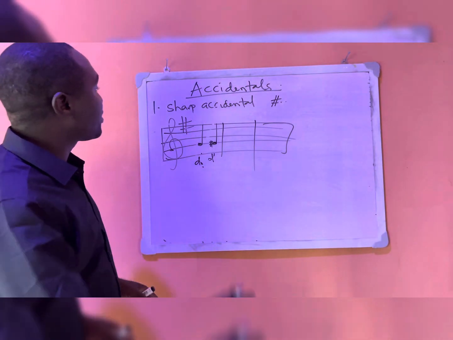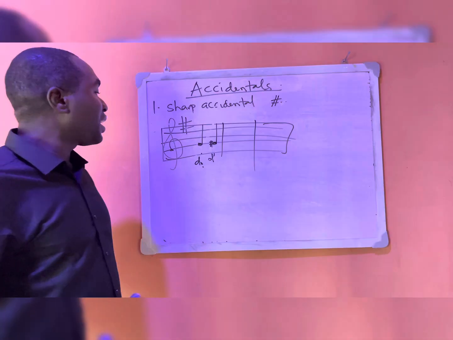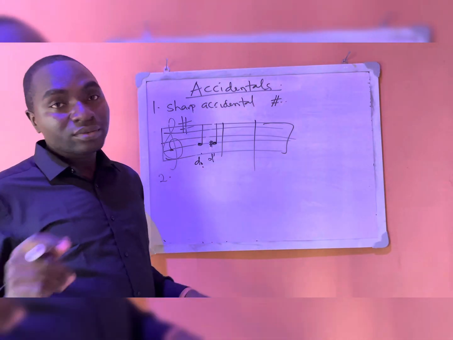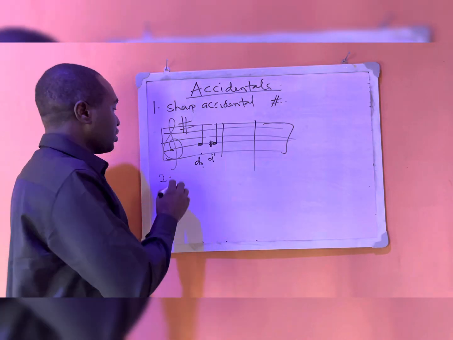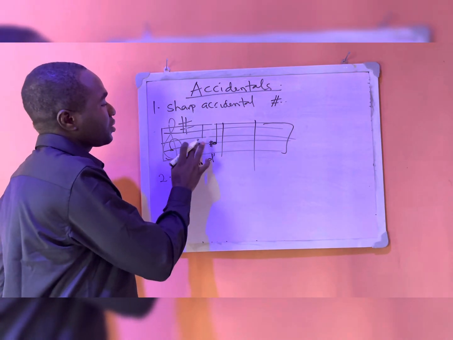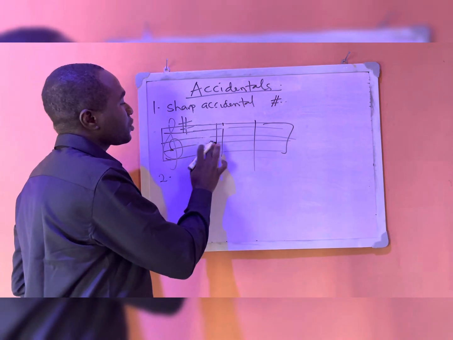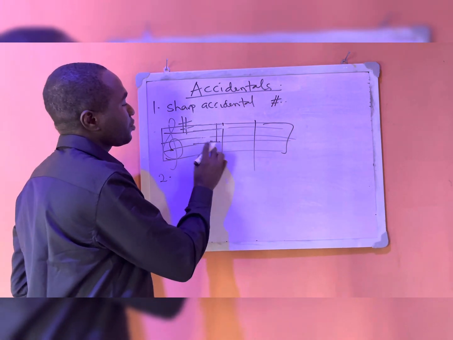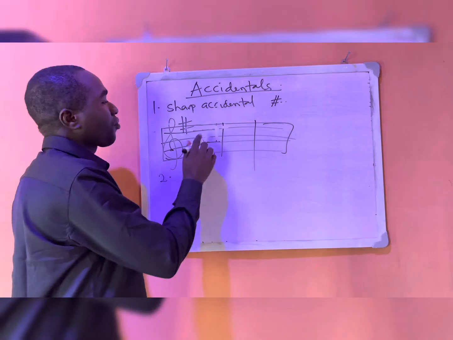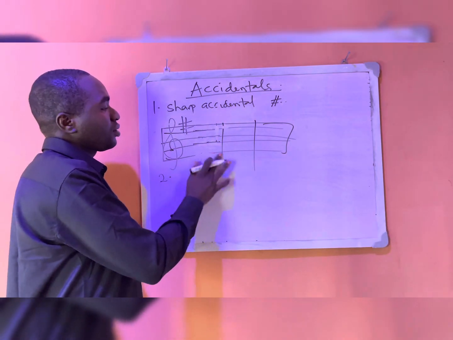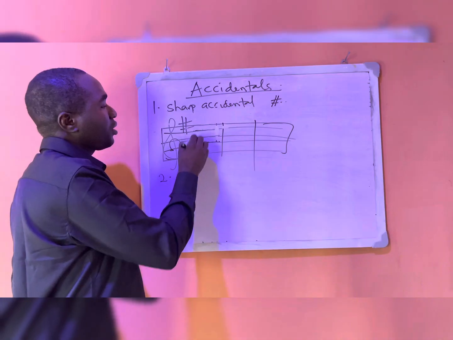Then we look at flat accidental. Flat accidental decreases a note by a semitone. Now let's use this as our example because of time. Now, this is still the same key G. This is our do here.